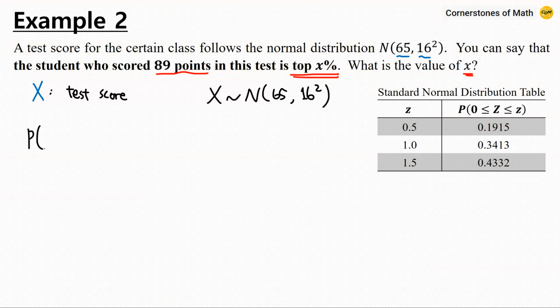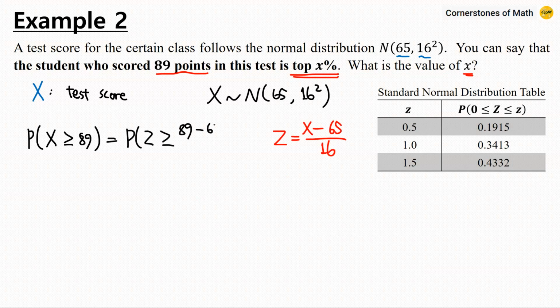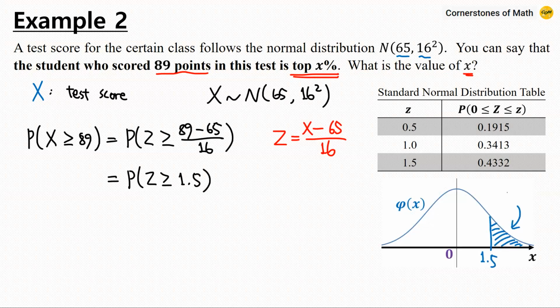Then we calculate the probability of the test score being 89 points or above. Standardizing with z equals (x minus 65) over 16, we have z greater than or equal to (89 minus 65) over 16. So we have z greater than or equal to 1.5, which is this area.